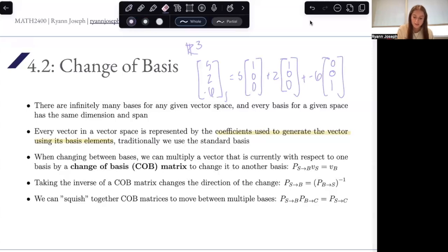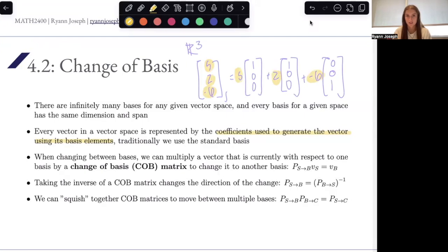These numbers mean I did 5 times the first basis element, 2 times the second basis element, and -6 times the third basis element. That's with respect to the standard basis, so it's kind of implicit.